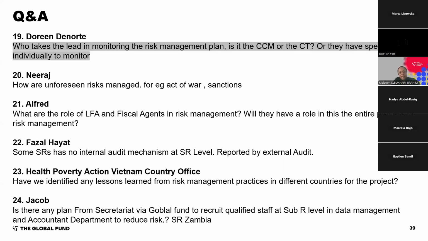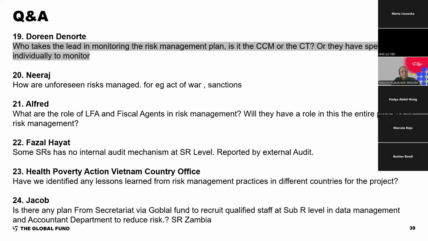So in DRC, we have recently completed a risk workshop where the CCM took the lead in prioritizing risk and designing mitigating actions, and the CCM will be monitoring the implementation of the risk management plan. So each entity and actor in the partnership has a role to play.